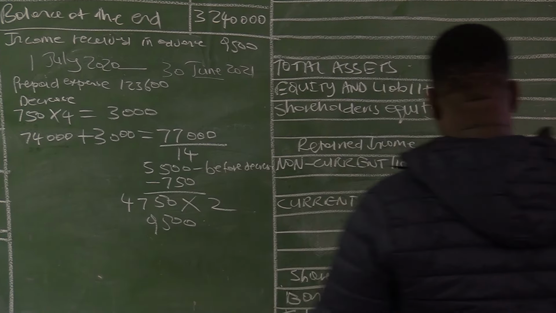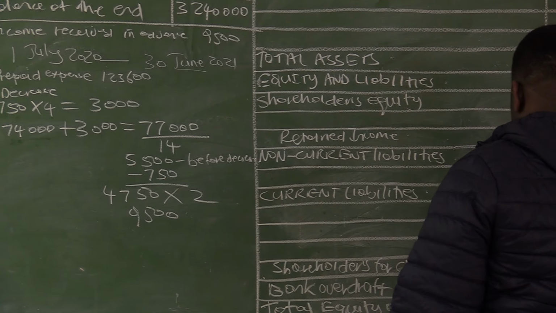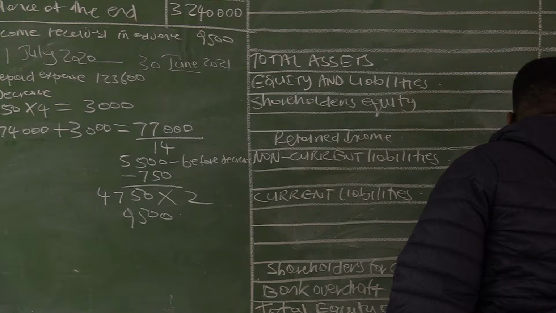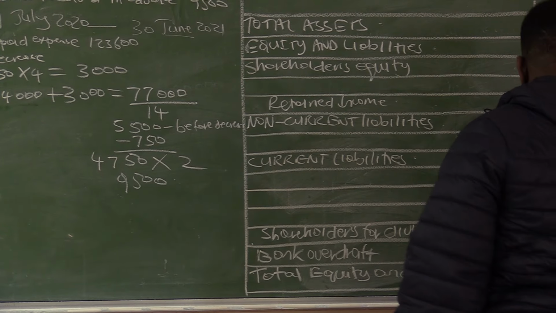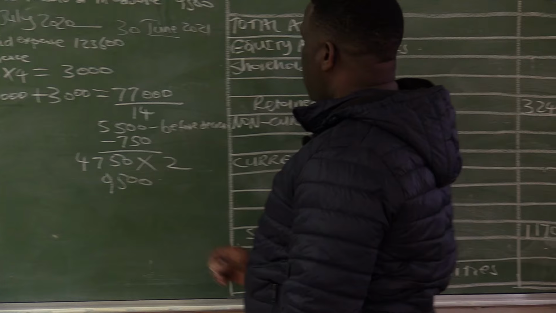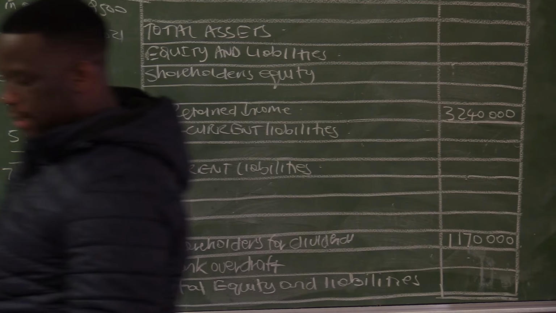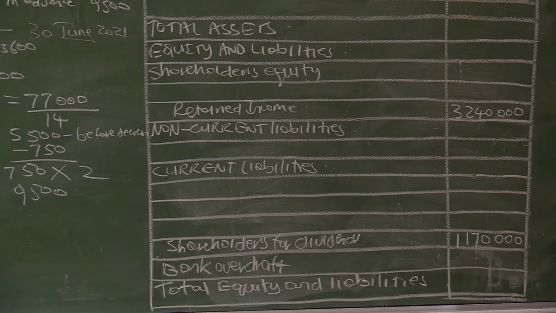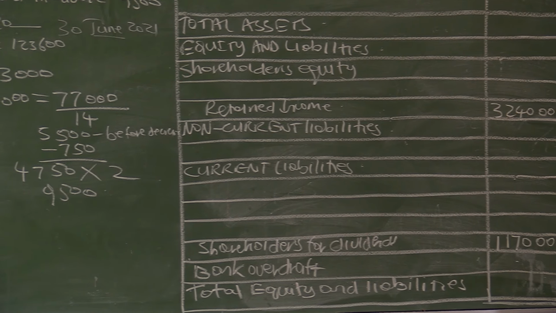And the amount for shareholders for dividends is 1,170,000. Right. So we are done with the retained income note.